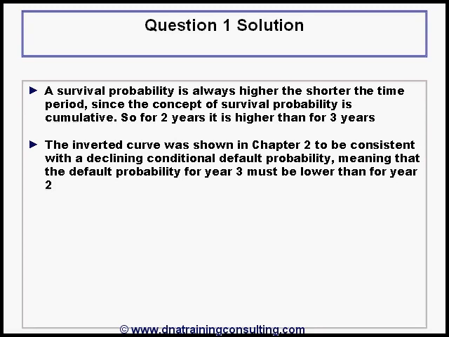The inverted curve was shown in Chapter 2 to be consistent with a declining conditional default probability, meaning that the default probability for year 3 must be lower than for year 2. Therefore, the correct answer is A, as in Adam.